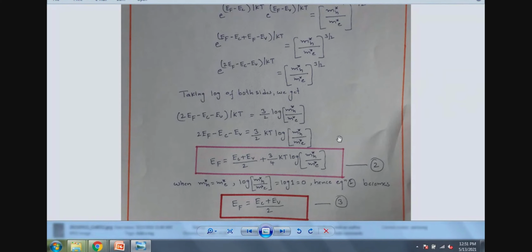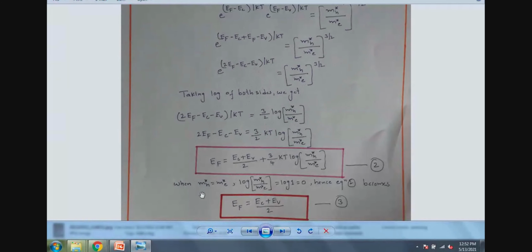Now finally, you are going to find the Fermi level, that is Ef. Now let us simplify that. Ef is equal to (Ec plus Ev) by 2 plus 3 by 2 kT log of mh by me. This is the Fermi level equation in intrinsic semiconductor. Now we can say that effective mass of hole is equal to effective mass of electron.